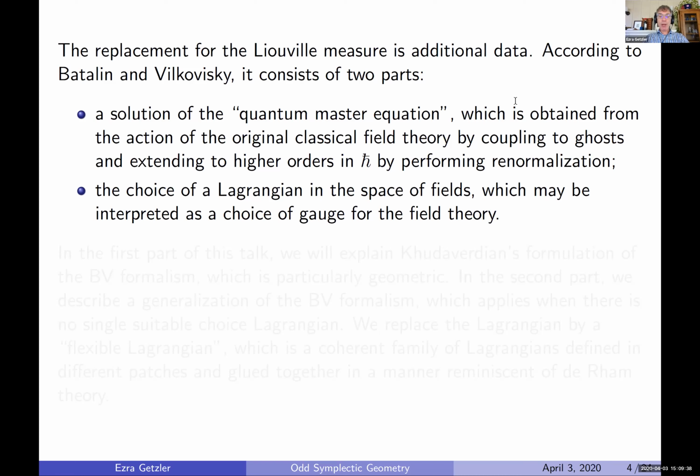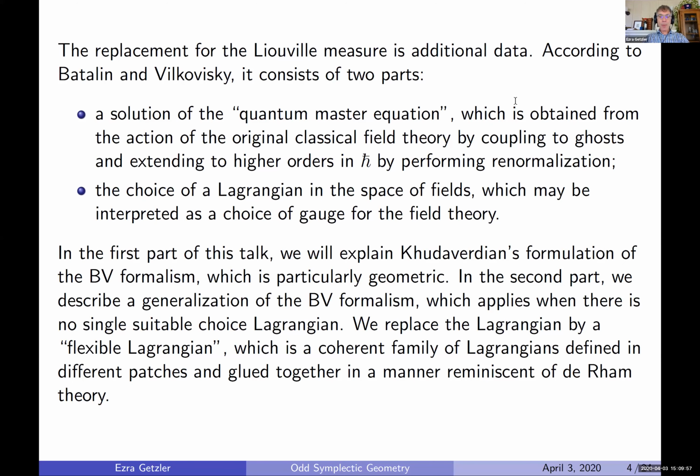So the point of my talk today is you can't always find such a Lagrangian. And I'm going to give a more general picture for what can replace Lagrangians in the Batalin-Vilkovisky formalism. I'm going to call those flexible Lagrangians. I'll be working within Khudaverdian's reformulation of the BV formalism, which is completely geometric.